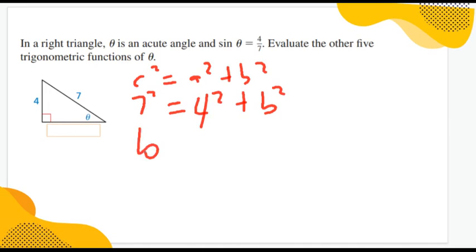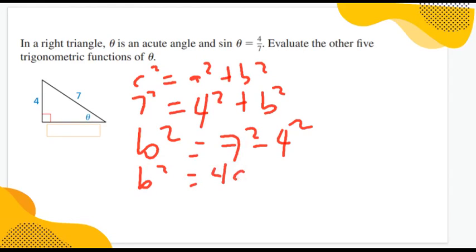That will be b squared is equal to 7 squared minus 4 squared. B squared now is equal to 49 minus 16. B squared is equal to 33.